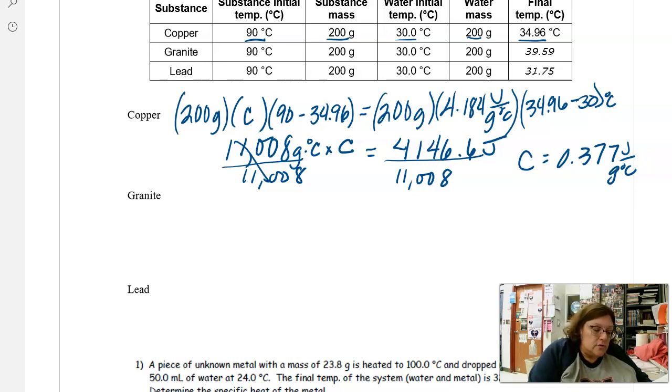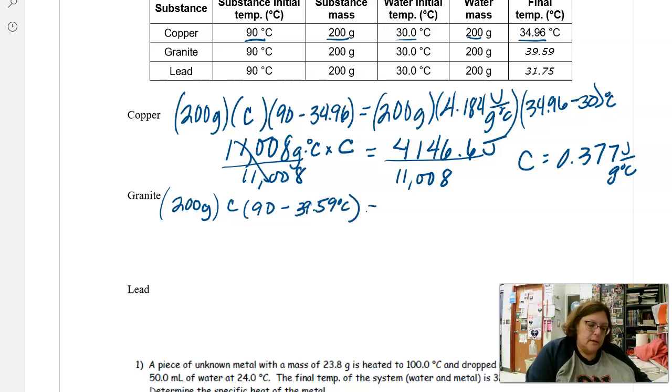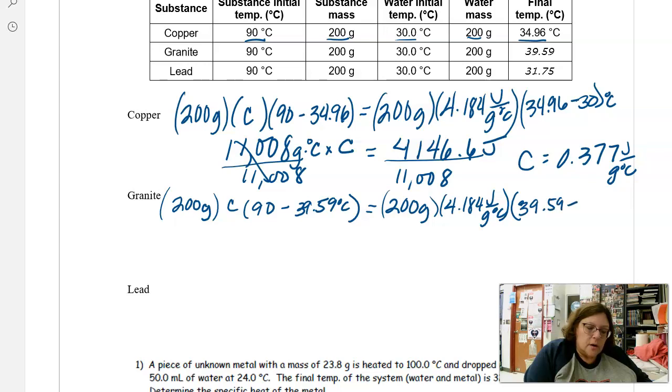Granite, we also had 200 grams. We also are solving for specific heat. And the temperature change for granite was from 90 to 39.59 degrees Celsius. We set that equal to the 200 grams of the water times 4.184 joules over grams degrees Celsius times 39.59 minus 30.